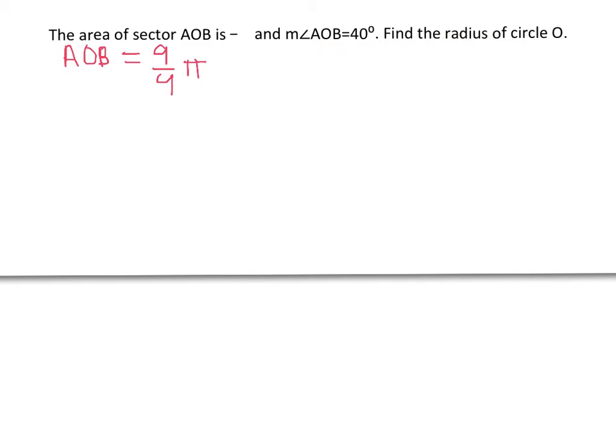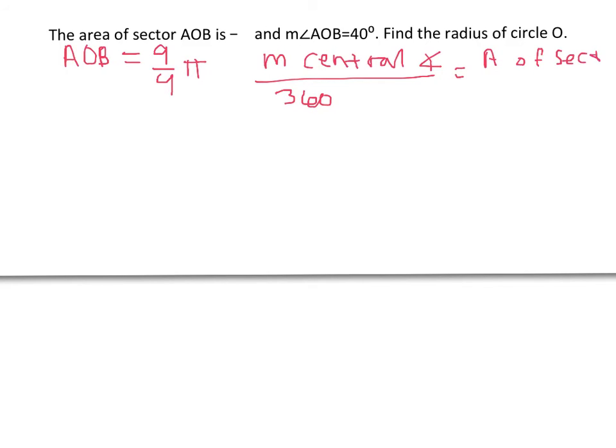I'm just writing the formula: central angle divided by 360 equals A for area of sector over A of circle.